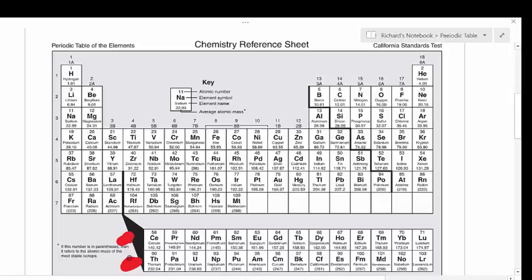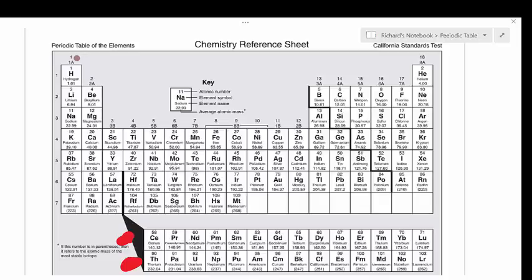Notice that at the top of each column on the periodic table, there's a number followed by a letter. And the letter is either a capital A or a capital B. My purpose is to get rid of the B's. Here's how I'm going to go about doing this.